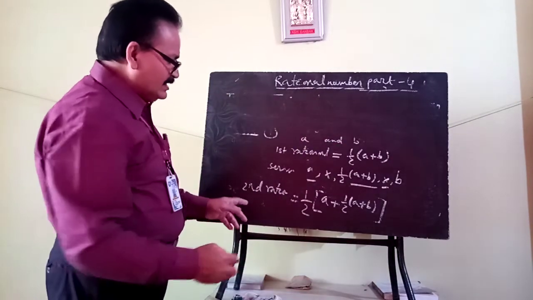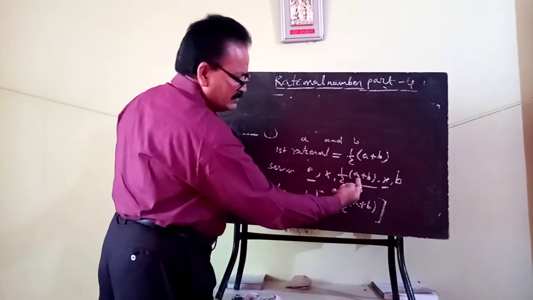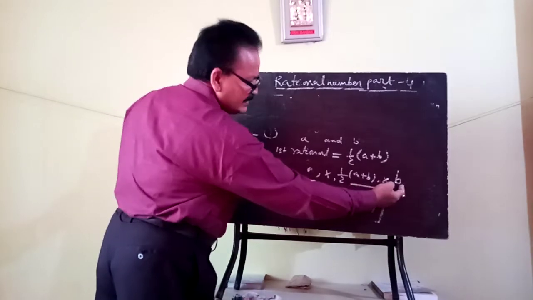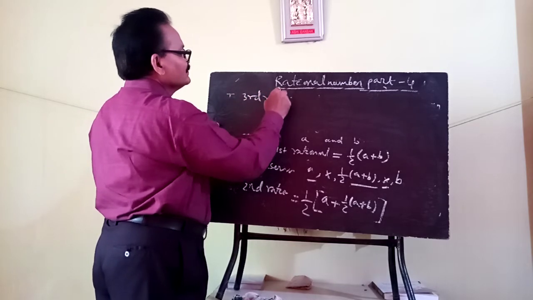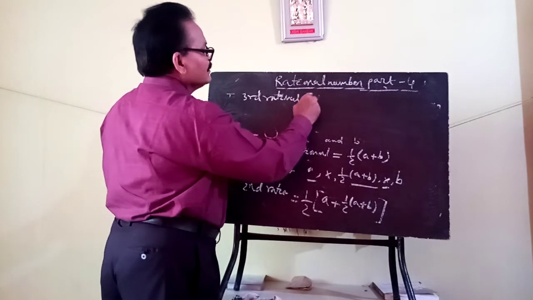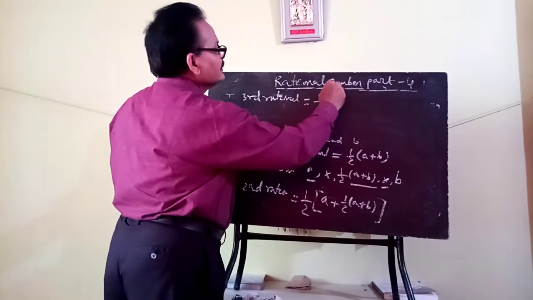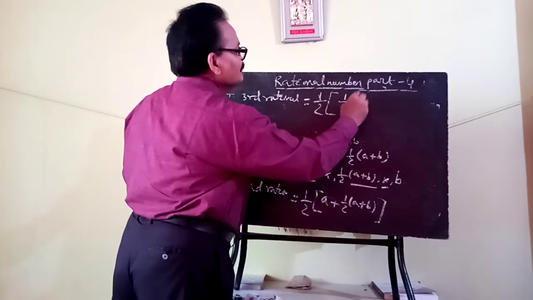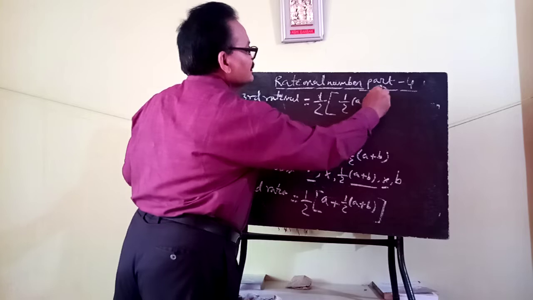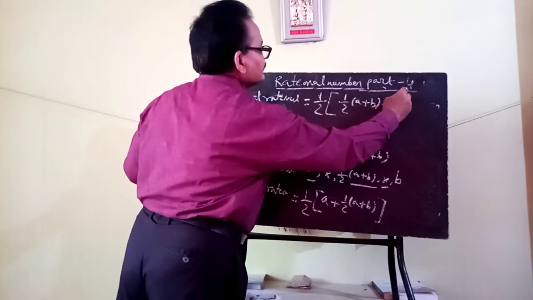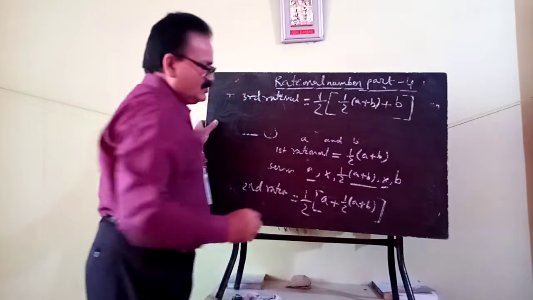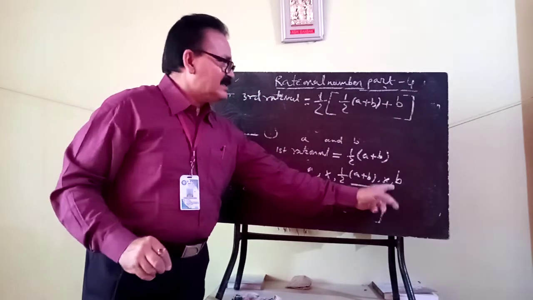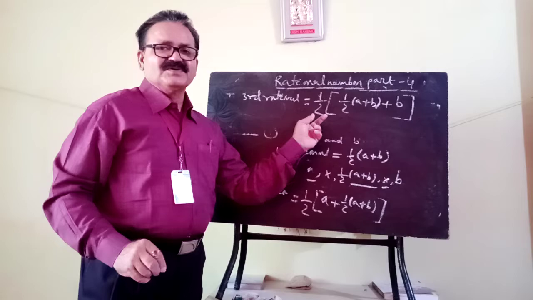And the third rational in between the mid one and the last one is half of the sum of half of A plus B plus your B. You add the middle one and the last one and take half of it.